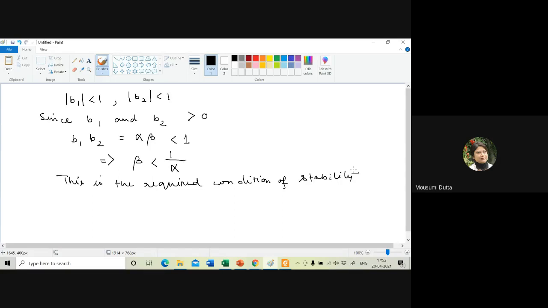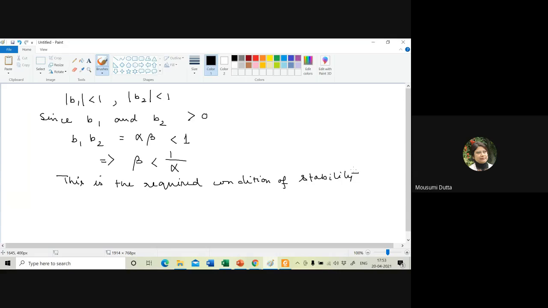So the required stability condition in the Samuelson's framework is given by alpha beta less than 1 or beta less than 1 by alpha. I mentioned it in terms of mod B1 less than 1, mod B2 less than 1. And then we can clarify the condition in terms of the parameters of the model. Since both B1 and B2 are positive, B1 into B2, which is equal to alpha beta, is less than 1.